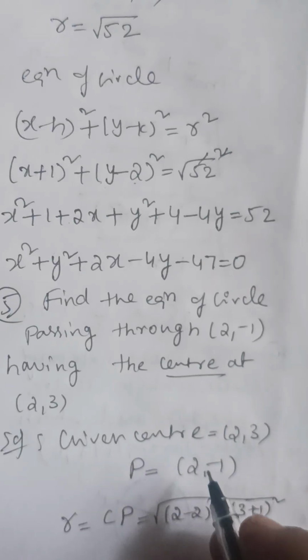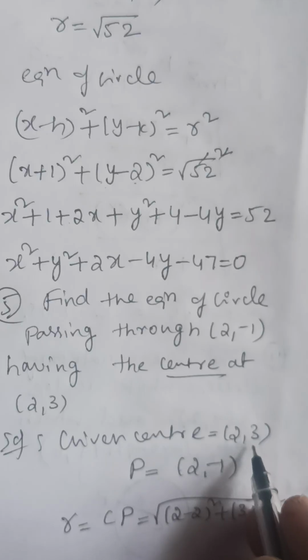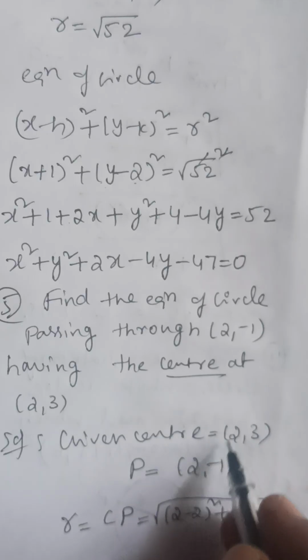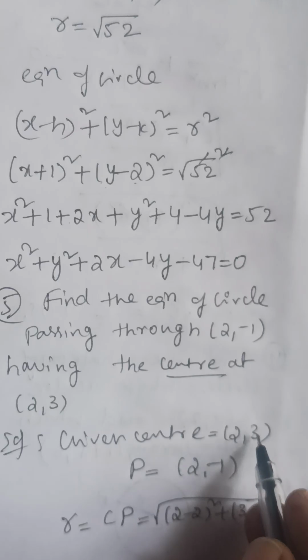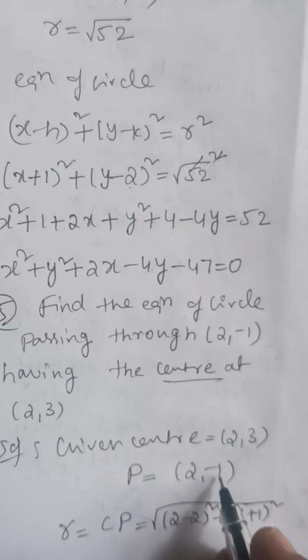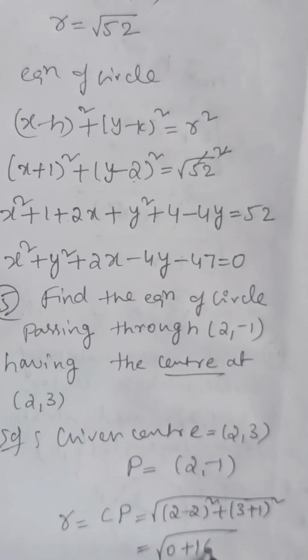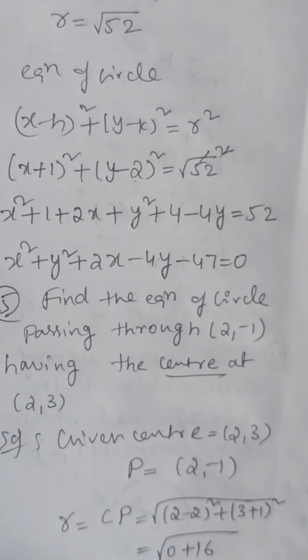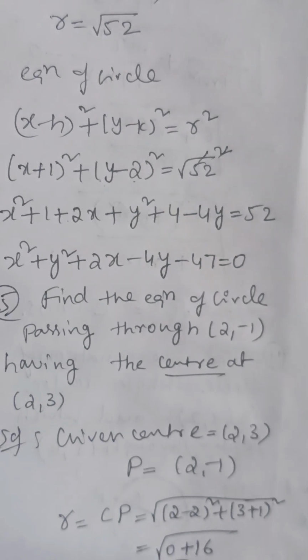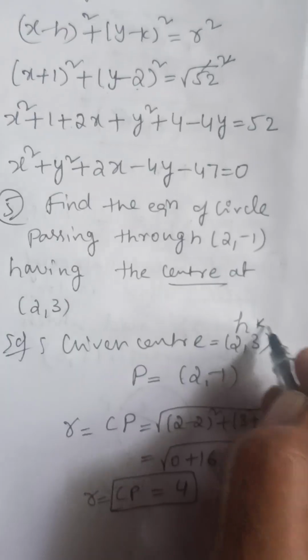Okay, the distance formula actually x2 minus x1 whole square plus y2 minus y1 whole square. We can also write x1 minus x2 whole square plus y1 minus y2 whole square. So I used this one. Second one, 3 plus 1 whole square. Okay, this is 0, 4 square is 16, so root 16 is 4. So radius is 4. Okay, in this type the center can be taken as h comma k.